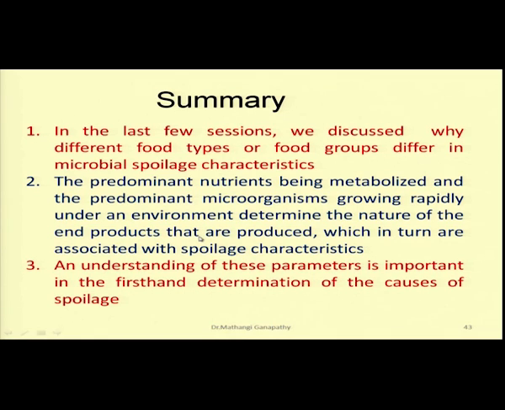So because of the change in the nature of the nutrient composition of these, the predominant microorganisms which cause spoilage there also changed. So as a summary, if you look into the type of microbial spoilage caused to the food concerned, depending upon the different types of the food or the food groups, each differ in the microbial spoilage characteristics. The predominant nutrients being metabolized and the predominant microorganisms growing rapidly under an environment determine the nature of the end products that are produced, which in turn are associated with the spoilage characteristics.